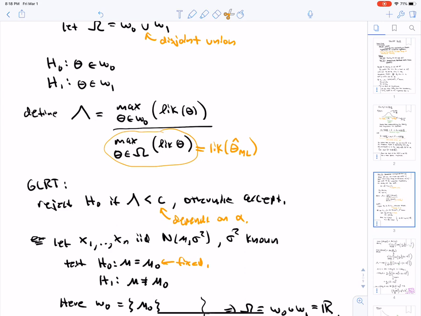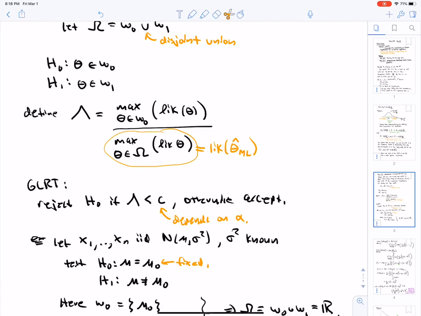And so we'll just plug that into the likelihood of theta. And so the generalized likelihood ratio test says reject the null if lambda is less than c, otherwise accept. And c here depends on alpha.